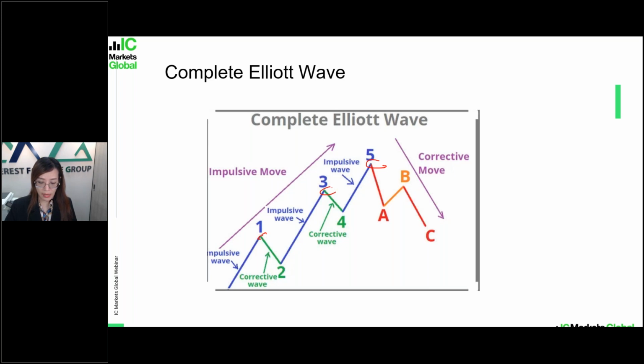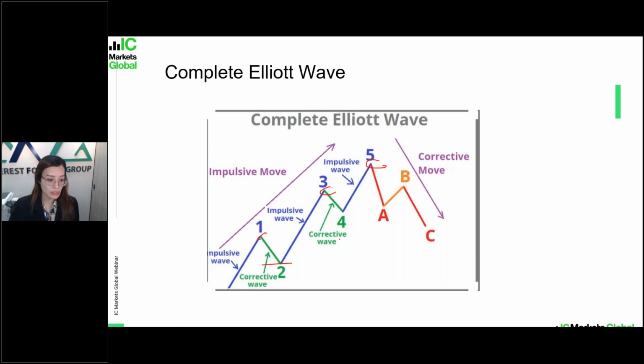They are moving against the trend. If you want to trade Elliott wave, you need to follow the rules. If one of the rules is not fulfilled, then that is not called Elliott wave.